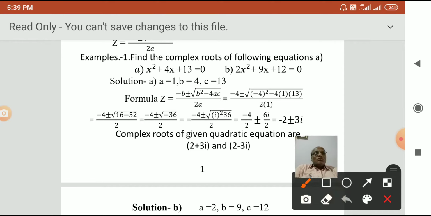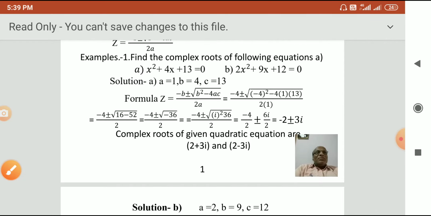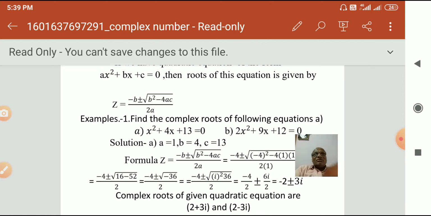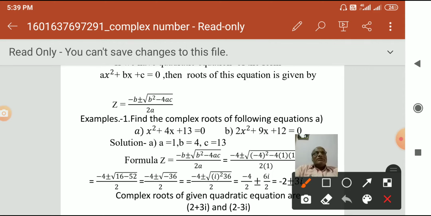So this is x square plus 4x plus 13 equal to 0. Now the first step is, if you are given a certain equation, then compare this equation with our standard equation. Our standard equation is ax square plus bx plus c equal to 0.